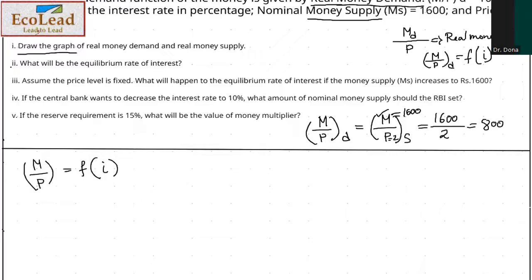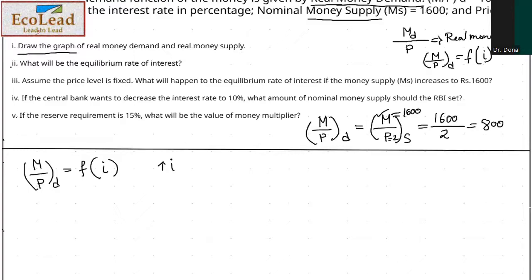And if the interest rate goes up, then definitely people would prefer to keep the money with the bank, because interest rate is nothing but the amount of money that people sacrifice if they hold that money in their hands.